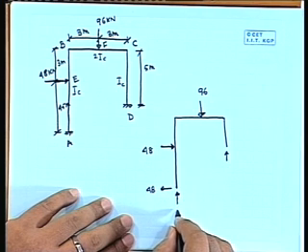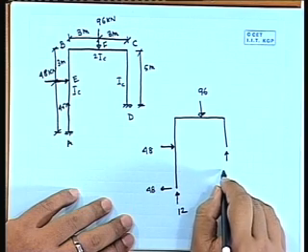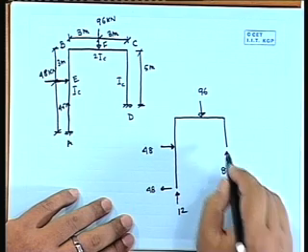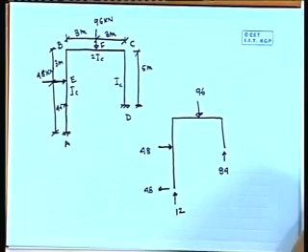I think the left one was 12, right? And the right side was 84. Yes, 84 plus 12 equals 96.